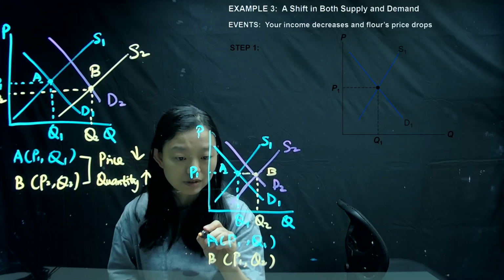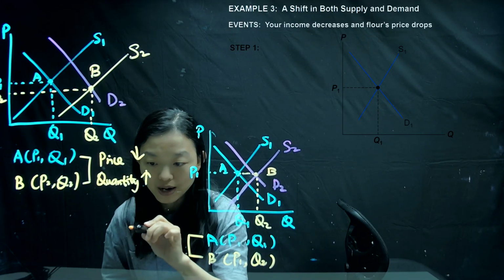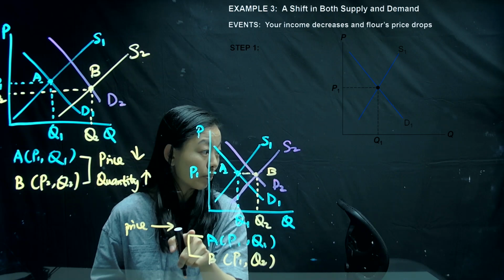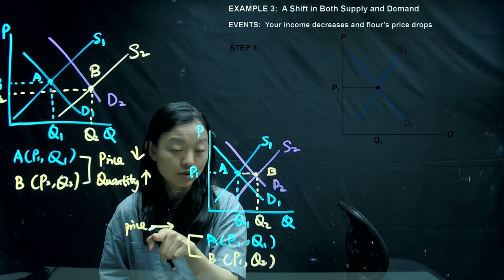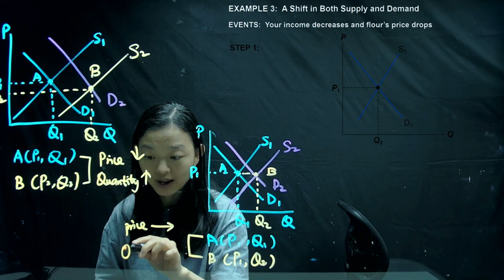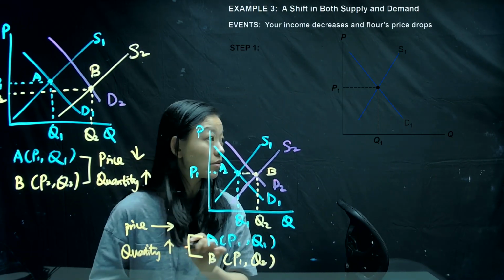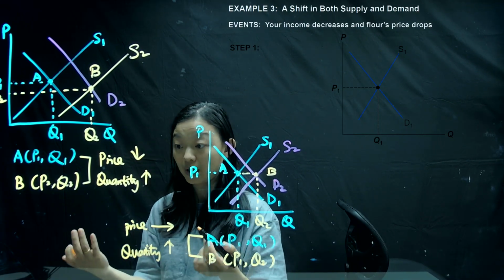So at this point, we would like to say price doesn't change. Okay, I use this one to represent that price doesn't change. However, we have the quantity increase, right? That could be also the same thing.